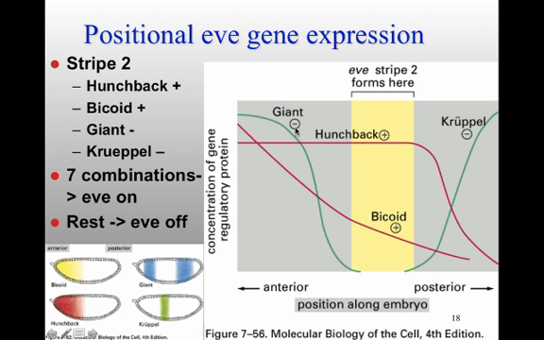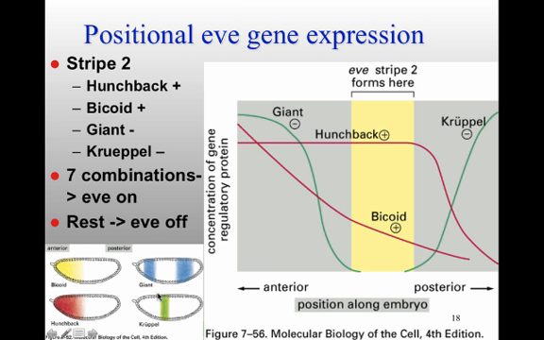If you go anywhere anterior to this, you're not going to get expression of this gene because the giant protein is around. This is repressing transcription. If you go anywhere posterior, you're not going to get expression of this gene because the cripple gene is there. If you go too far posterior, you don't have any of the hunchback and bicoid either, and so anywhere posterior of cripple is not going to be expressing it.